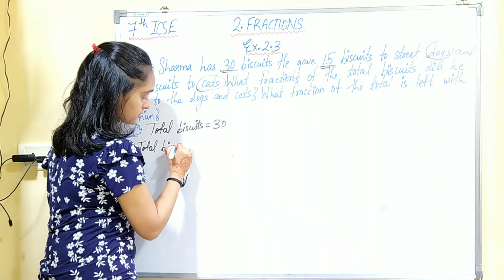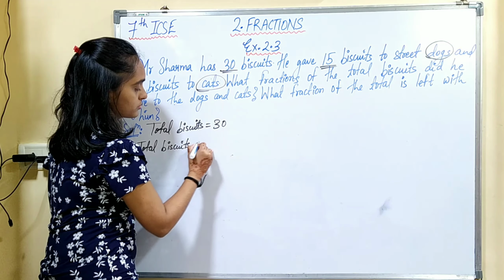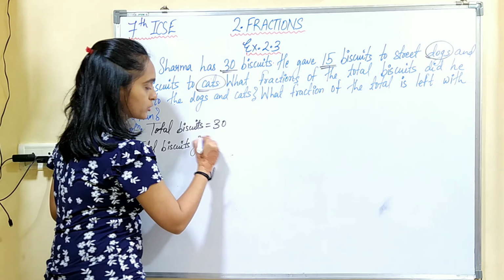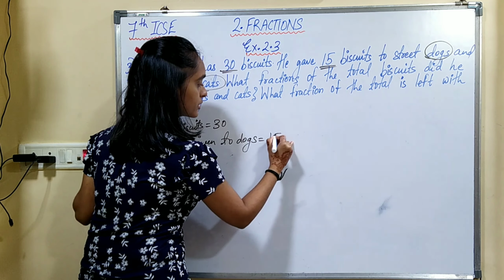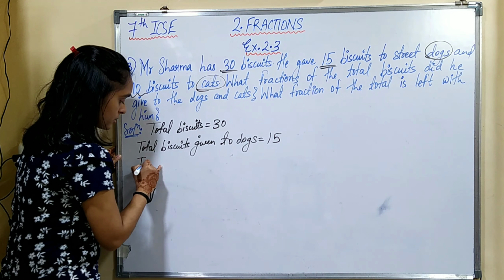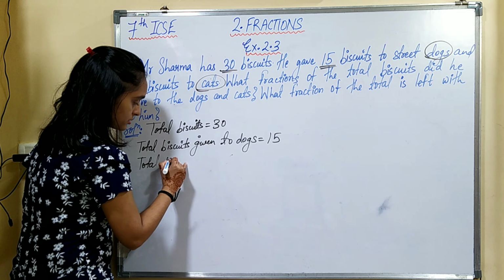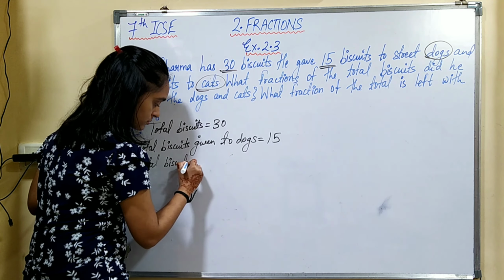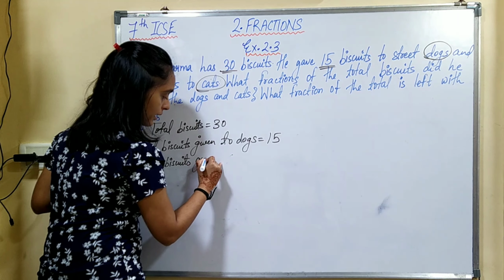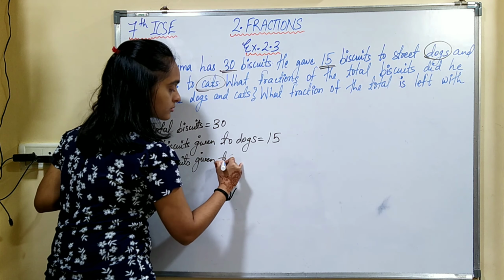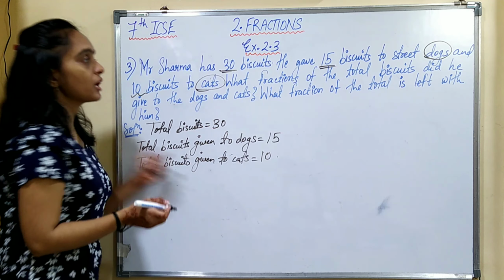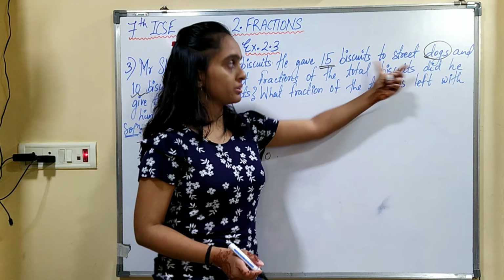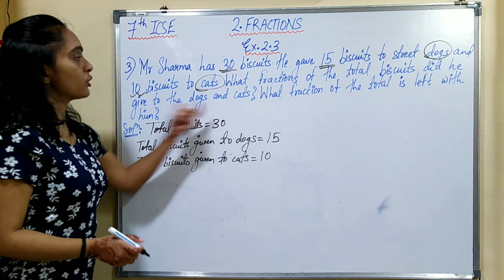Total biscuits given to dogs is 15 and total biscuits with cats equals 10. Now, what fraction of the total biscuits did he give to the dogs?